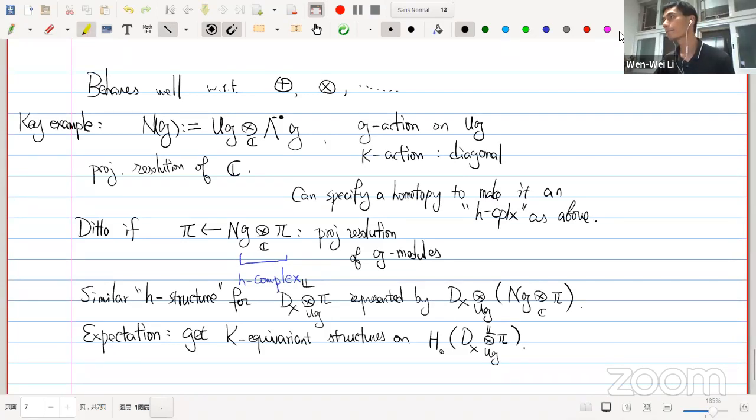Yes. This is a key example, the only one we actually need.